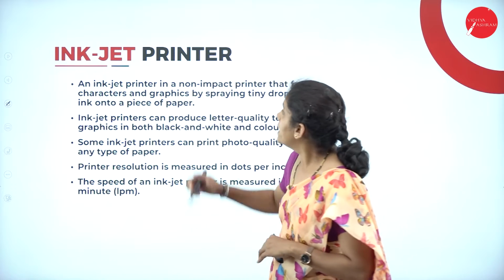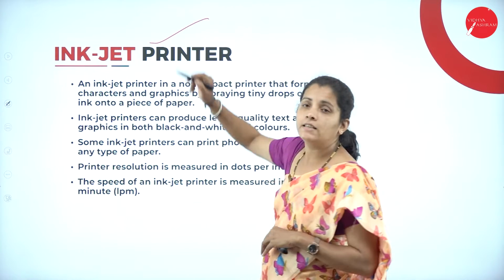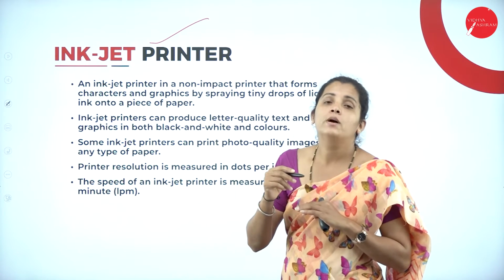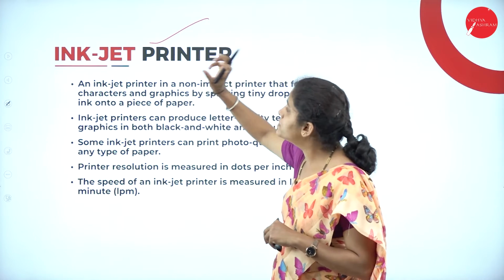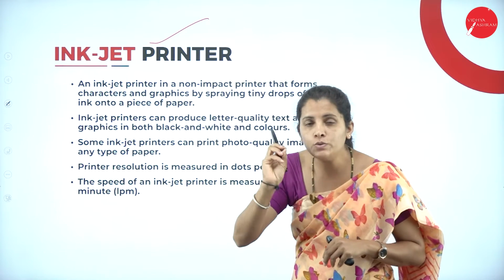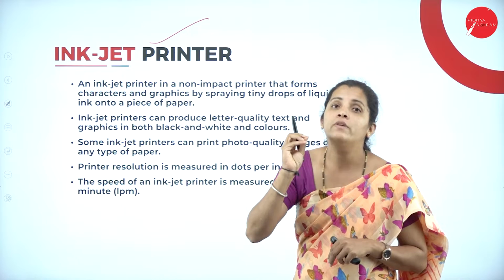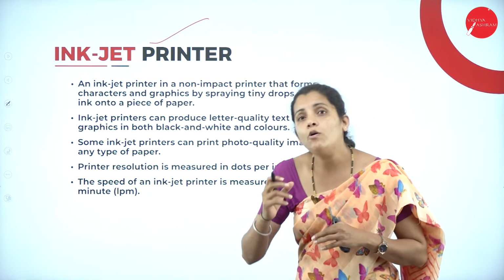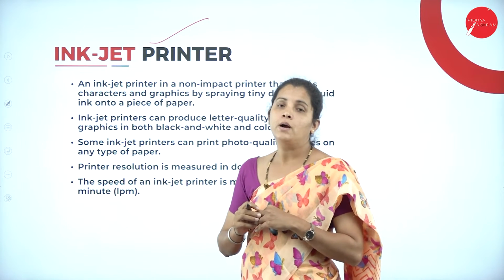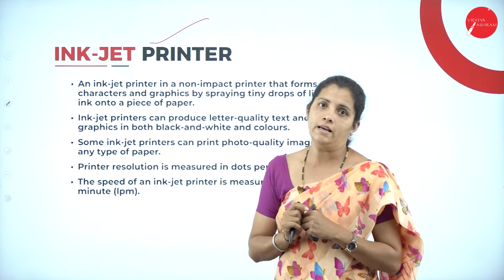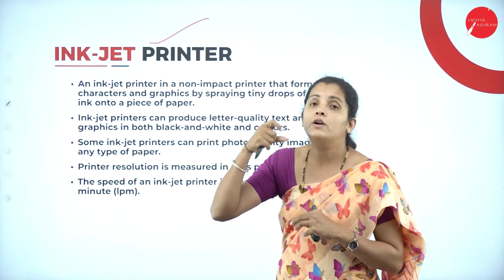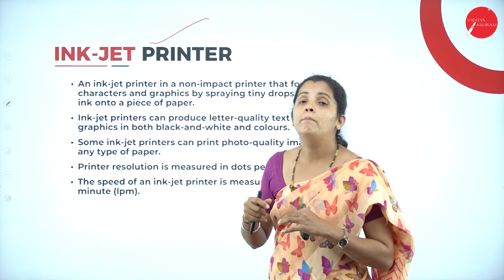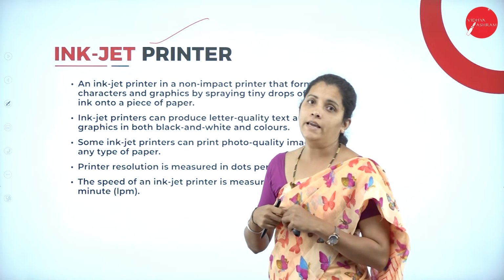Dear students, in an inkjet printer, the dots are formed by little drops of ink. Then how are the characters formed? By spraying ink. The characters or dots are formed by spraying ink.